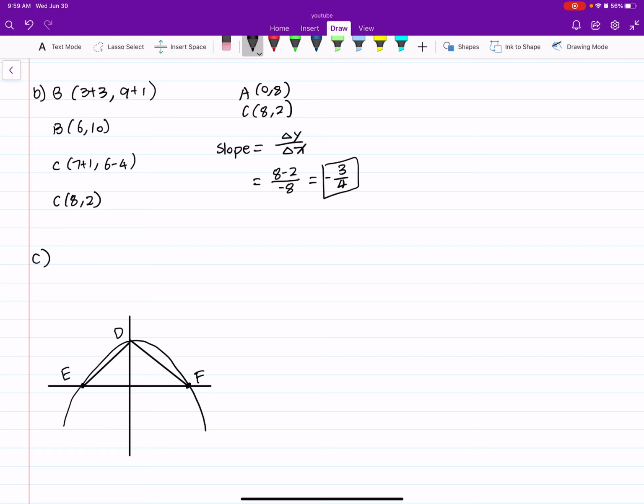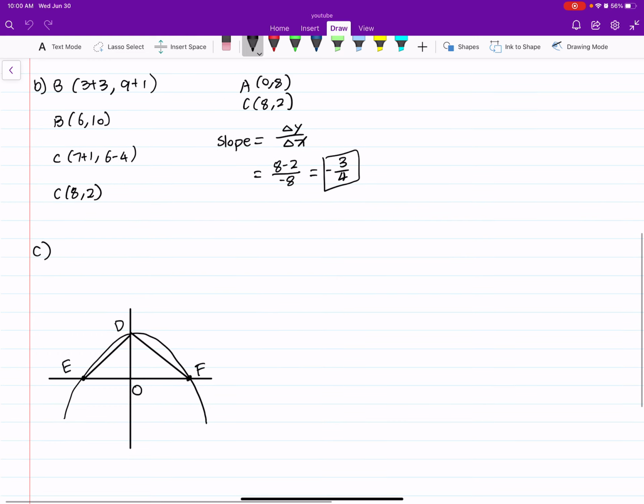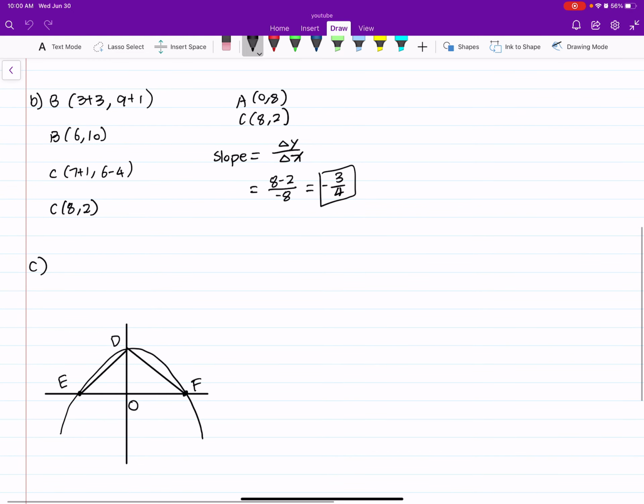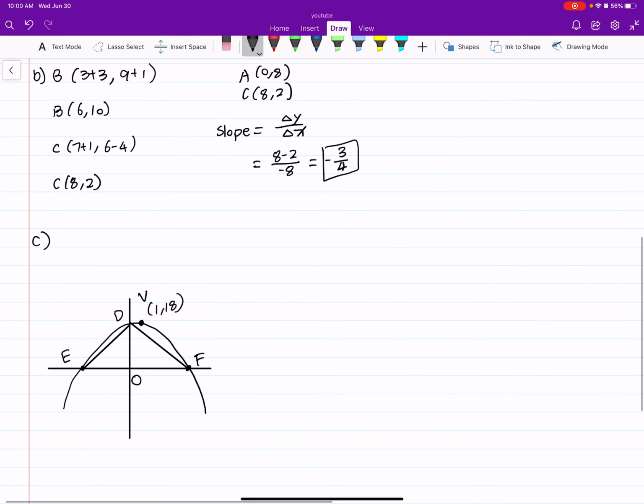Okay, so that is going to be somewhat like the diagram. It's not a great diagram, but the vertex is here, which is (1, 18). We can substitute in the point V to find the constant c in the equation. And with the equation, we can easily find all the other coordinates, E, D, and F.